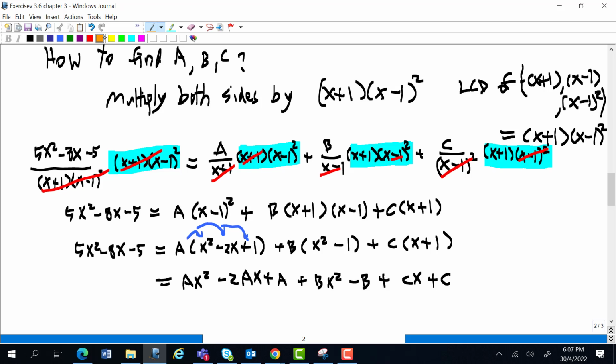Okay, so bx squared minus b, and then cx plus c.